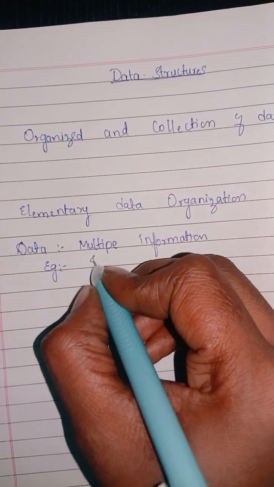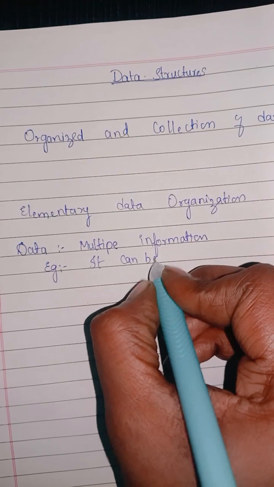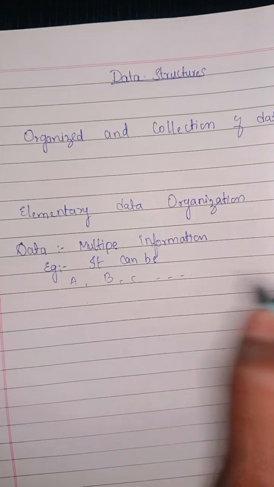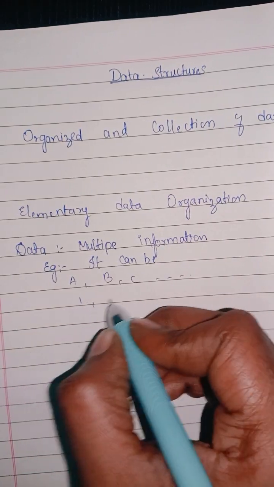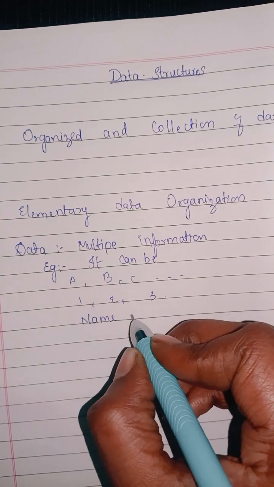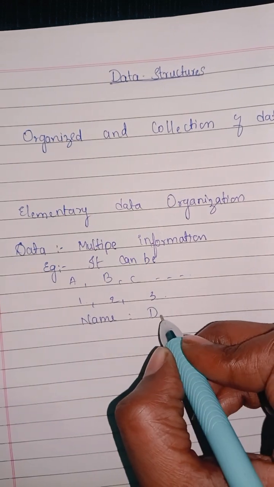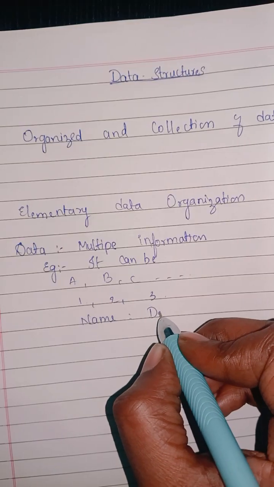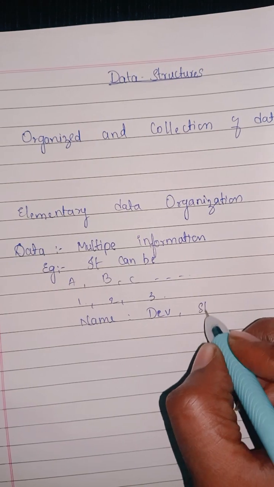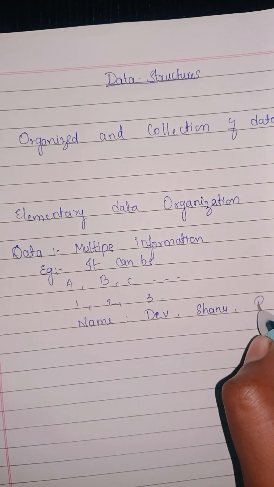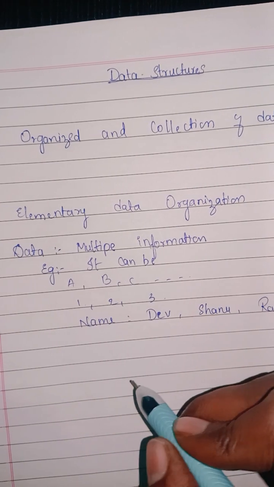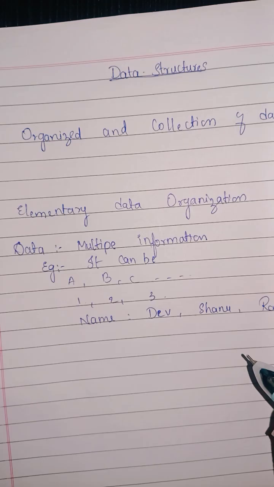For example, it can be A, B, C, etc., numbers, names, likewise Dev, Shanu, Ramya, which in simple terms is called a raw fact.